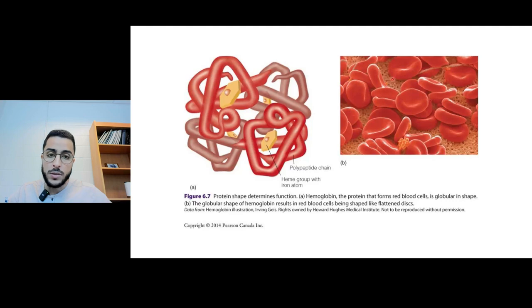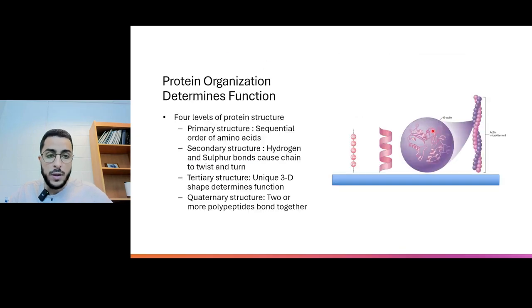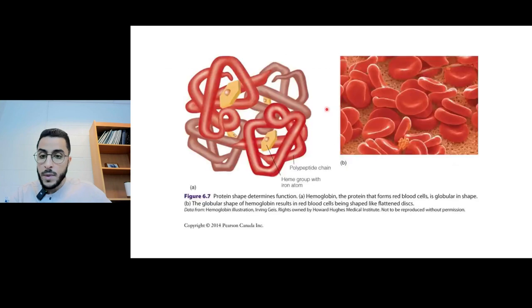And this is the globular shape of a protein. Microfilament is not globular, it's a long protein strand. This form also gives the ability of the heme to locate itself within the protein and carry the iron that binds to the oxygen and carries the oxygen.